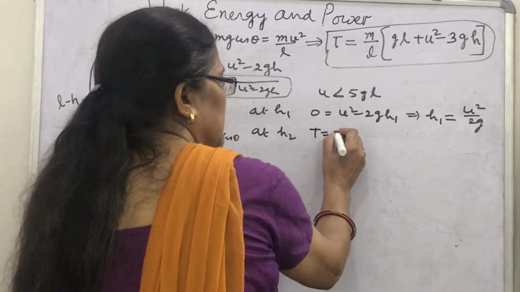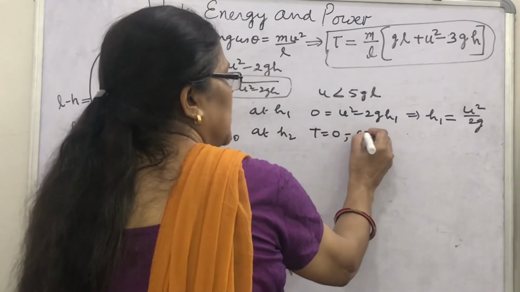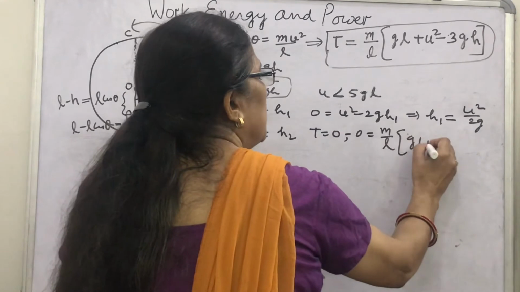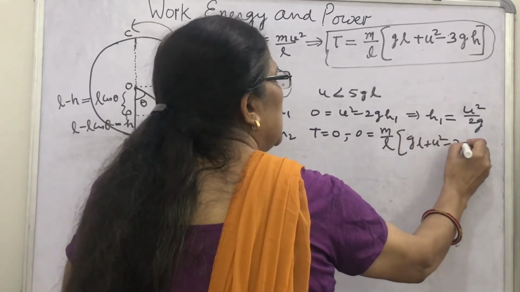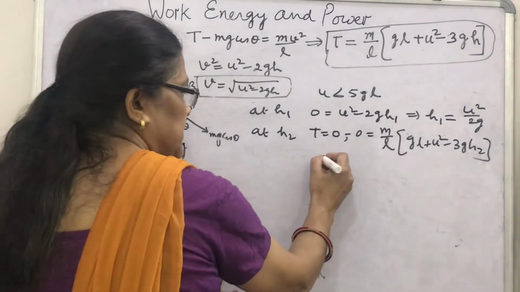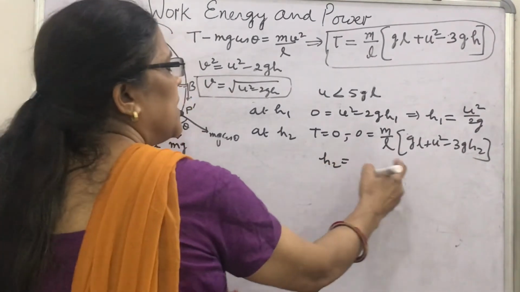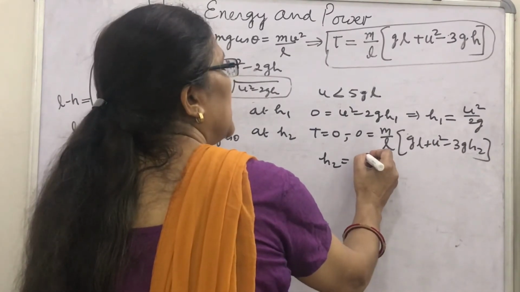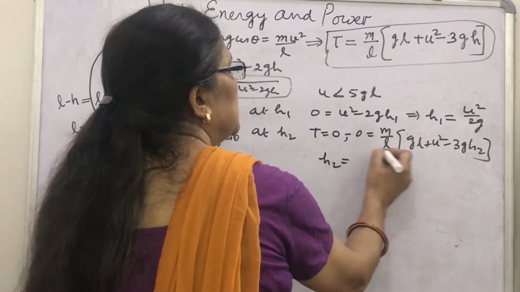So T equal to 0, that means 0 equals m by L times GL plus u square minus 3gh2. What will you find? The expression for h2 here. Look here, this will be the expression for h2, equal to 0.